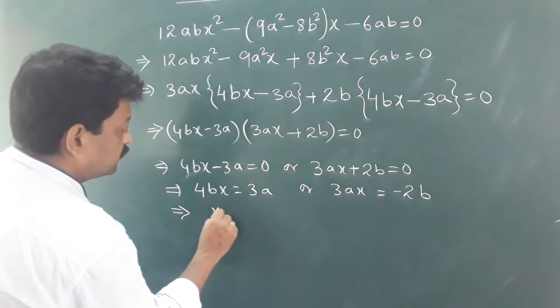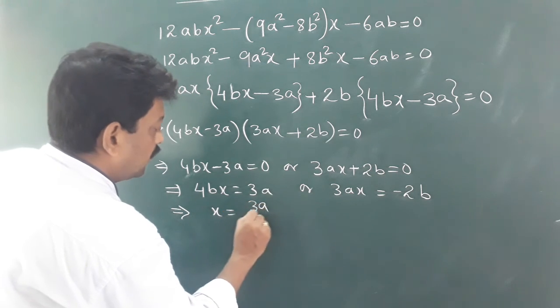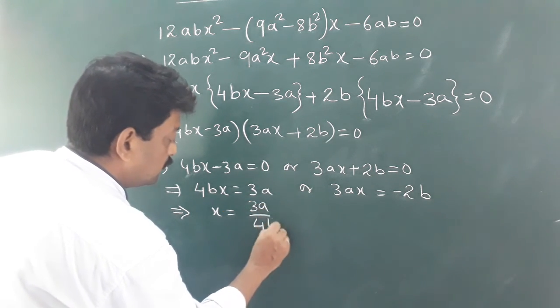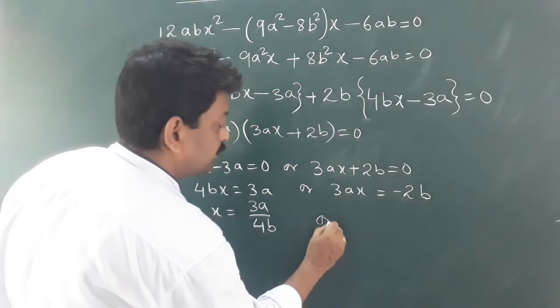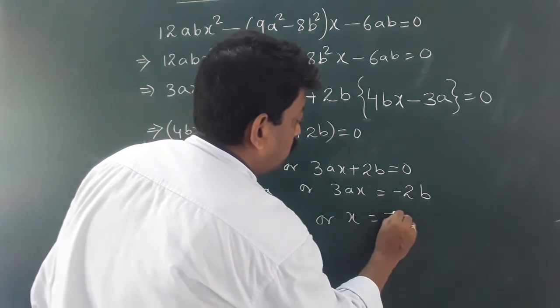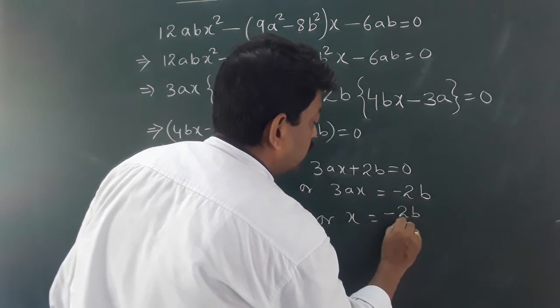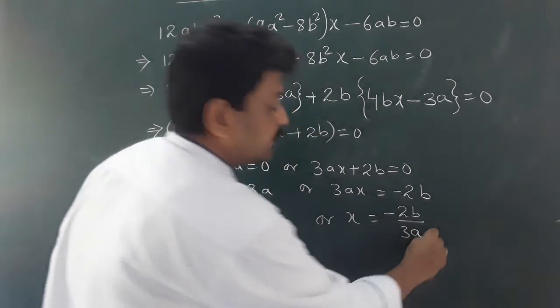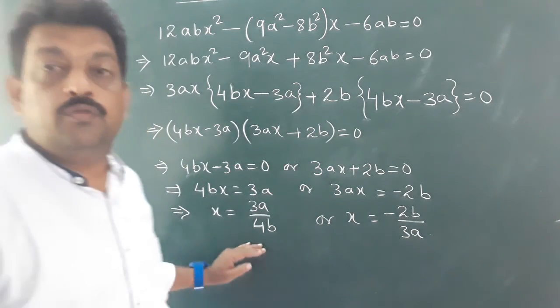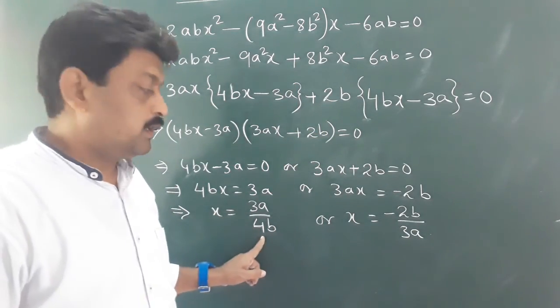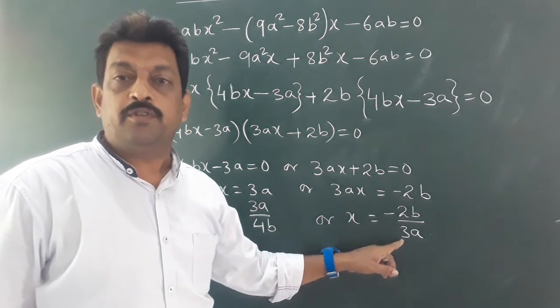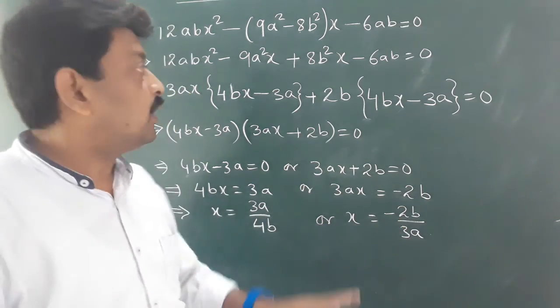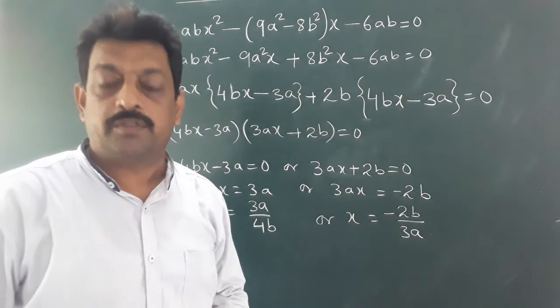That means x equals 3a upon 4b, and here x equals minus 2b upon 3a. So these are the roots, 3a upon 4b and minus 2b upon 3a. These are the two roots of this given quadratic equation.